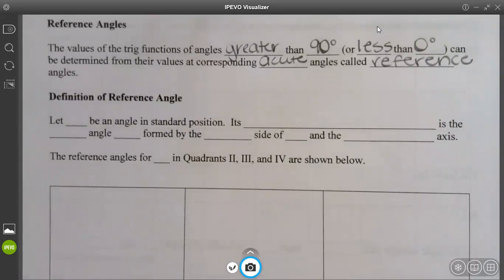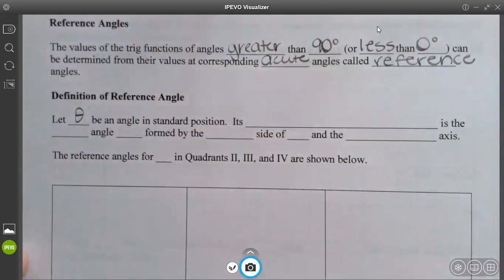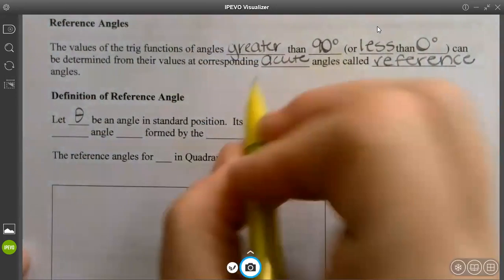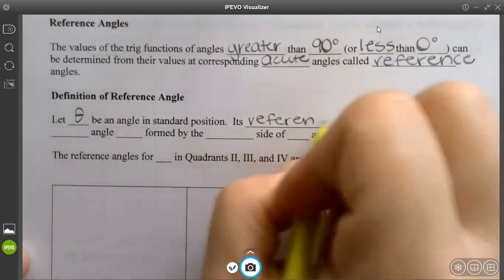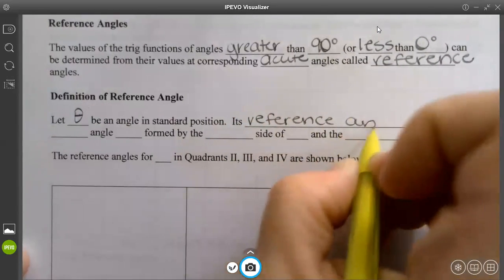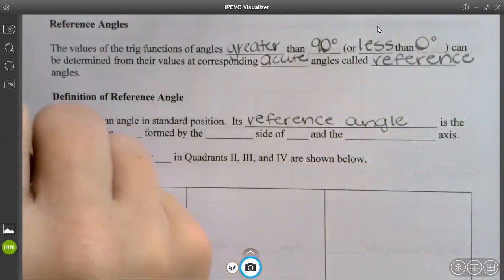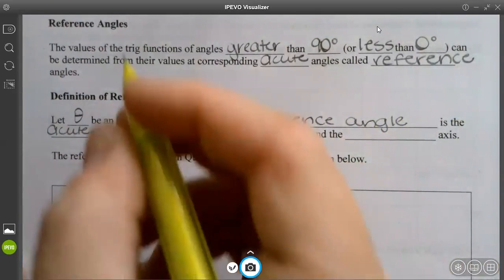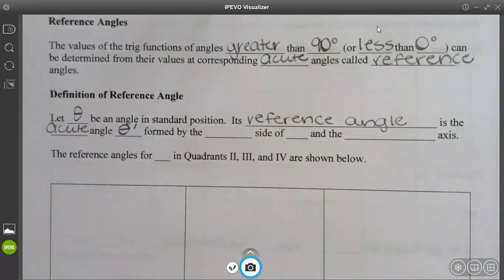All right. So here's what a reference angle is. Let theta be an angle in standard position. Its reference angle is the acute angle, and this is called theta prime. It's like an apostrophe. Theta prime.